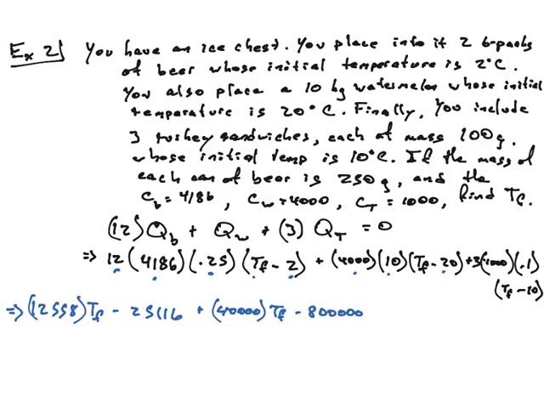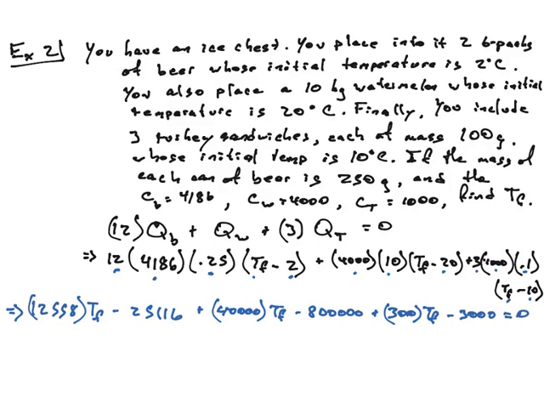And then the last piece, I've got 3 times 1,000 times 0.1 times TF. So that's 300 TF. And then 3 times 1,000 times 0.1 times negative 10, which is minus 3,000. And then we set that equal to 0.